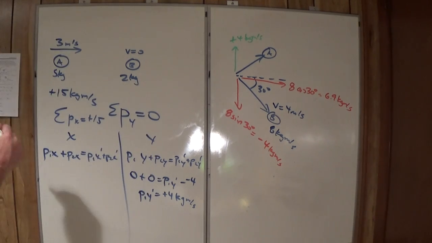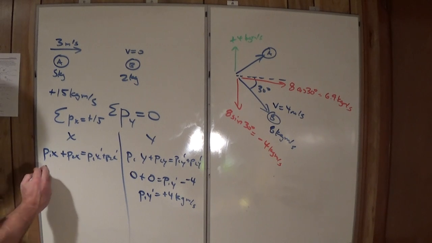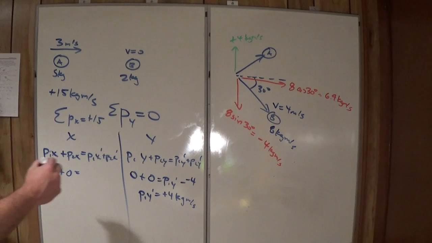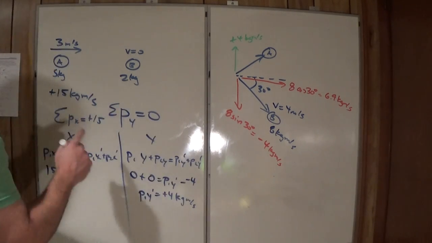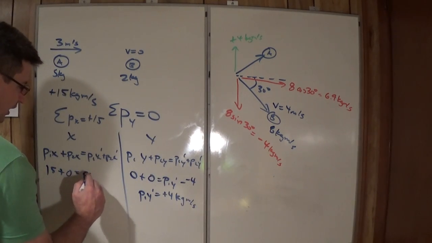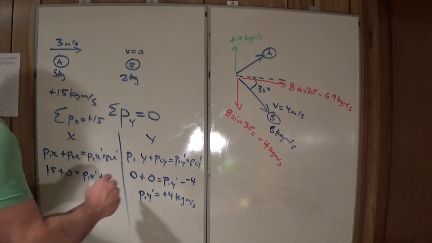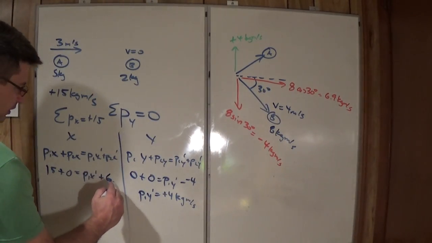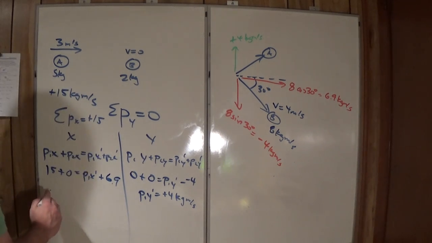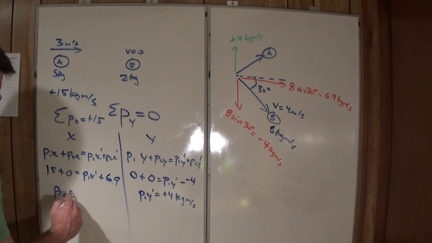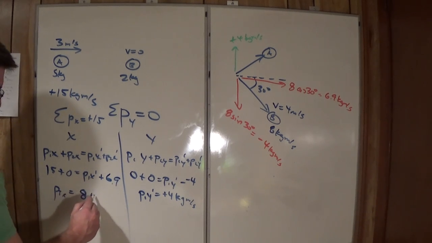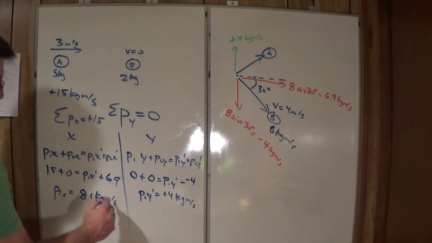What about in the x direction? Well, P1x is 15 plus 0 equals P1x prime plus P2x prime, and we found that P2x prime was 6.9 kilogram meter per second. So P1x prime is 15 minus 6.9, or 8.1 kilogram meter per second.